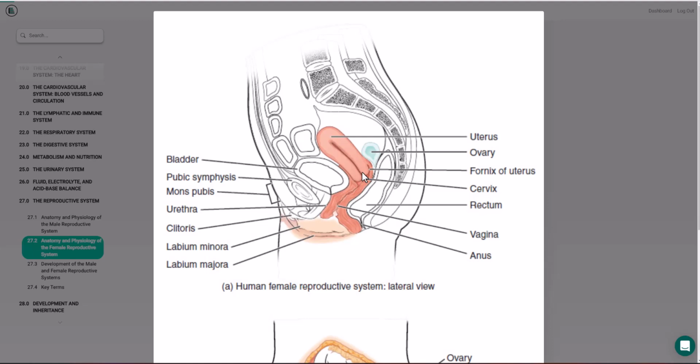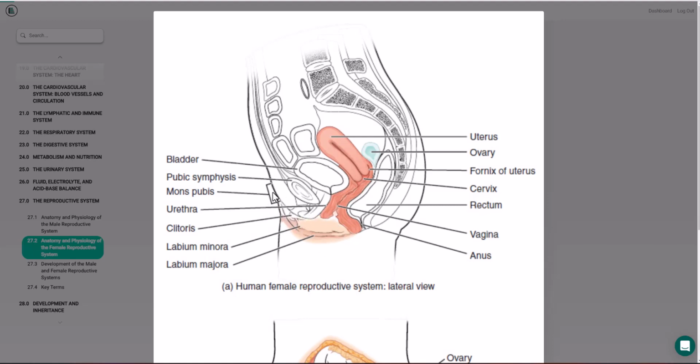Most of the female reproductive system, as you know, is internal. Really all that is present externally, collectively, is called the vulva. And the vulva, again, is just a name for everything that is visible externally. And this would go from the mons pubis.